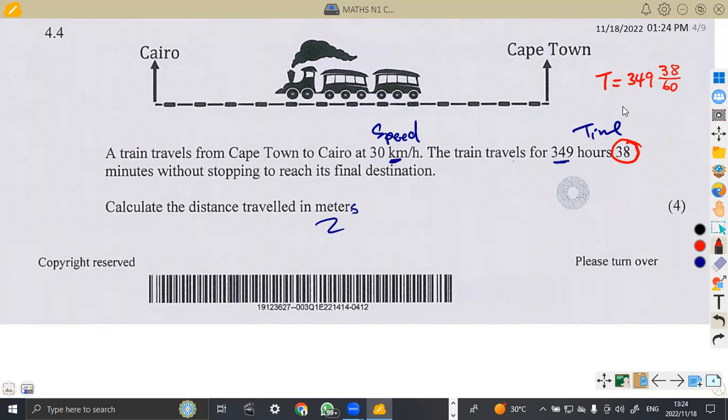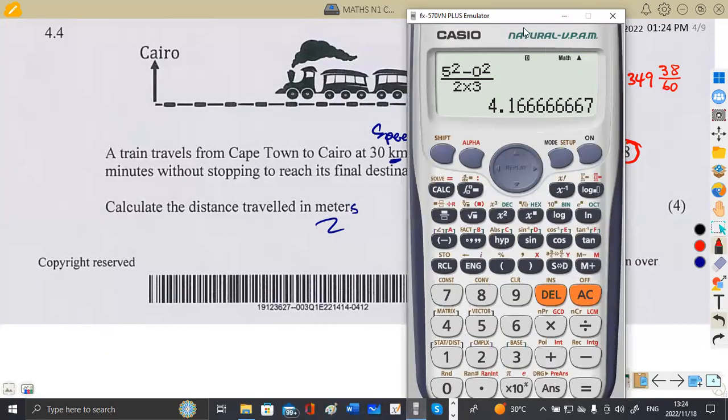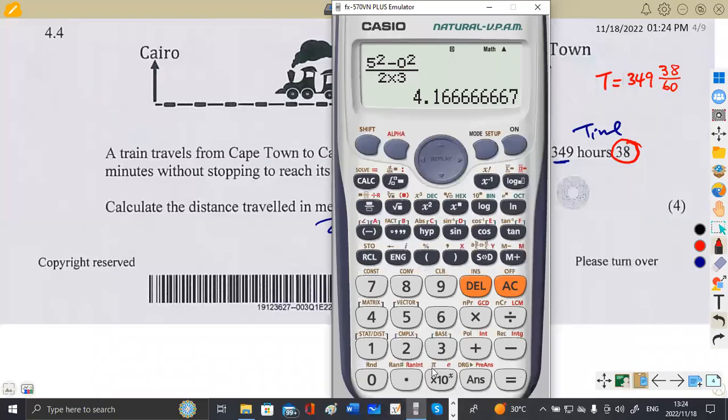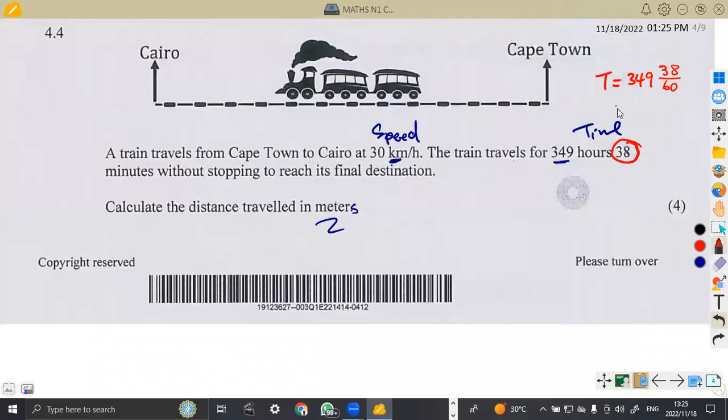So which means that was the time, 349 and 38 over 60, of which if you can simplify this on your calculator, let me use this one. All right, 349 and 38 over 60. Let's see what you're going to have as one fraction, which is 10,489.